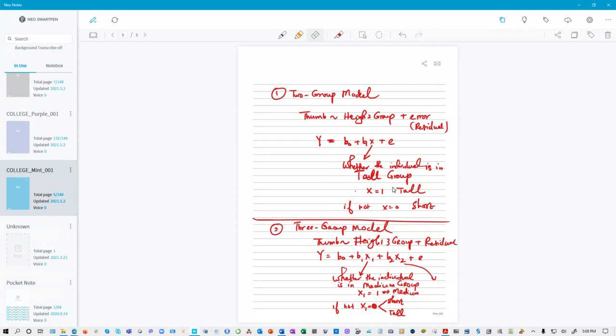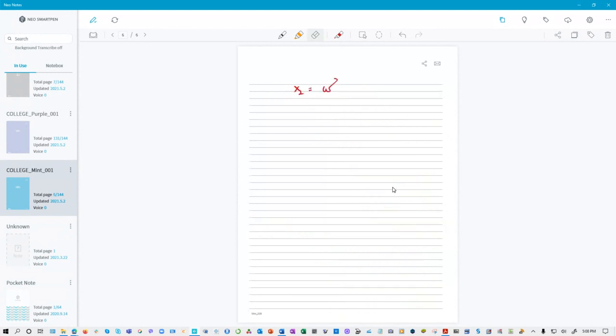In a similar fashion, X2 means whether the individual is in the tall group.